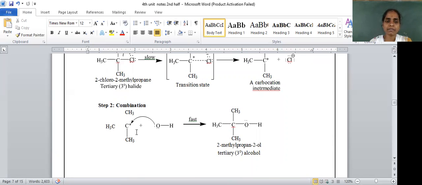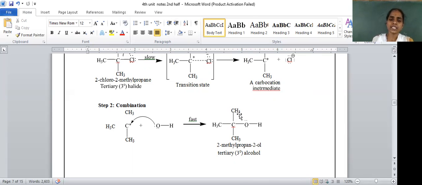In the second step, which is the fast step, the carbocation formed in the first step reacts with the nucleophile. Here I am taking the nucleophile OH minus. The carbocation is deficient in electrons, so the incoming nucleophile donates electrons to the carbocation, forming a bond.